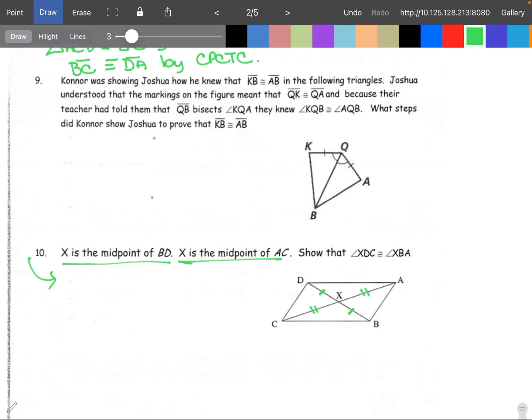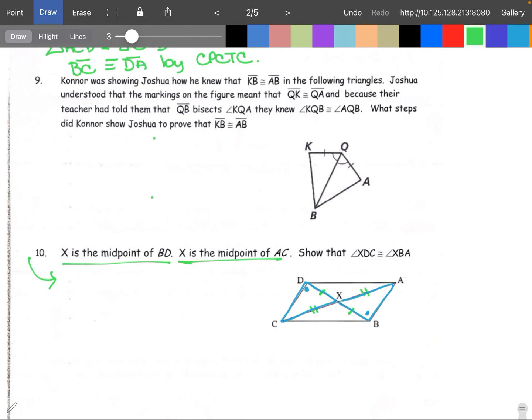And what we're trying to show is that angle XDC, oh, that would be this one, is congruent to XBA, this one here. Okay, so these are the triangles that I'm going to prove are congruent right here. This one and this one.